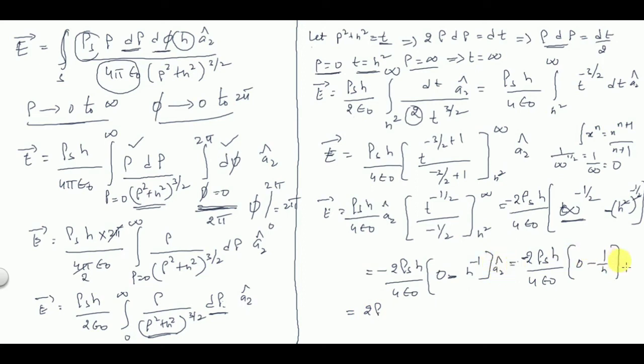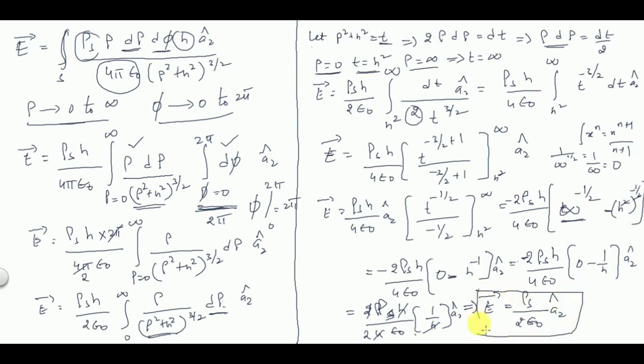So az cap will be there, don't forget to write. Okay, so 2 rho s into h by 4 epsilon naught into 1 by h. H gets cancelled, 2 ones are 2, 2 twos are. So finally E bar becomes rho s divided by 2 epsilon naught into az cap.